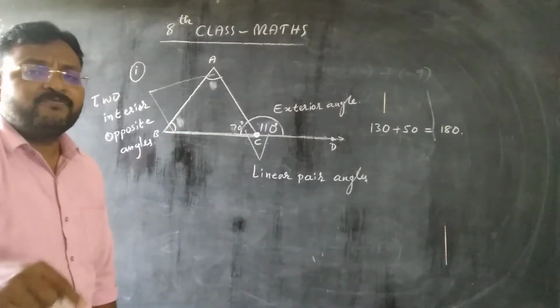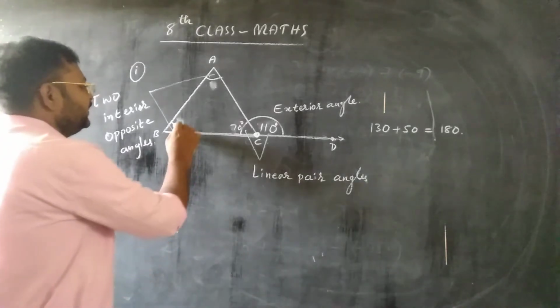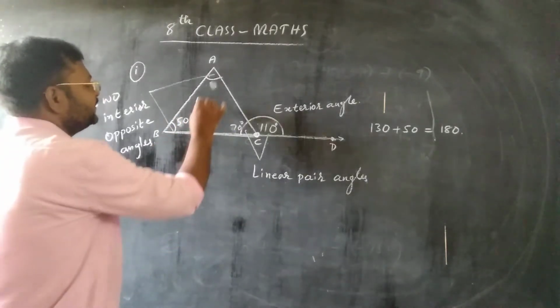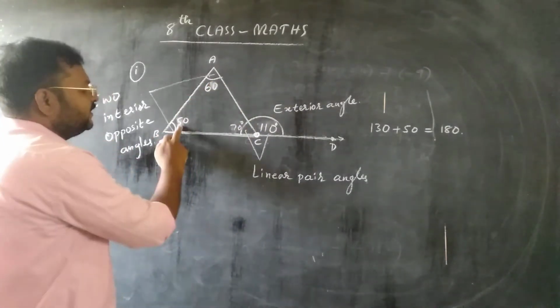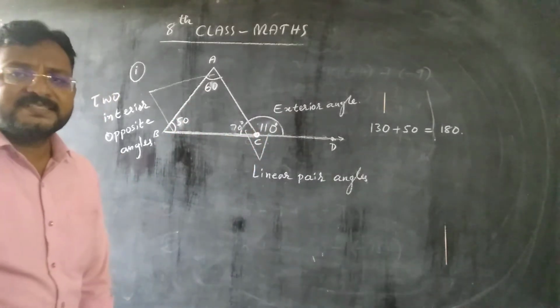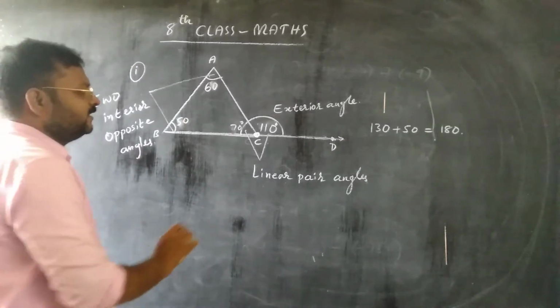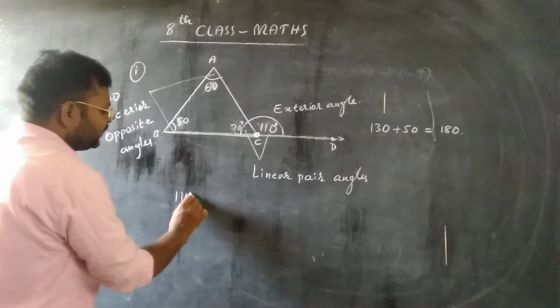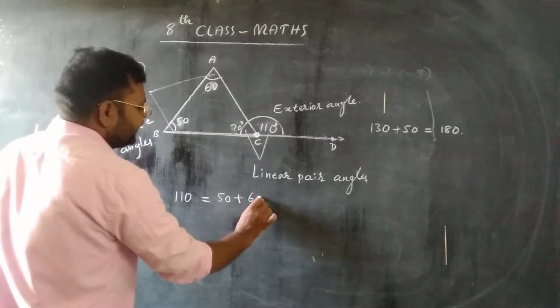So if I write 50 degrees here and 60 degrees here, 50 plus 60 is 110. So what we understand here is 110 degrees is equal to 50 degrees plus 60 degrees.